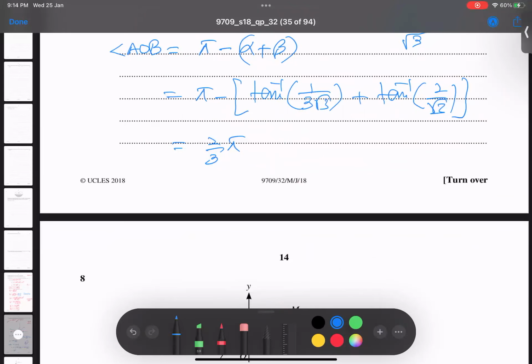So pi minus tan inverse of 1 divided by 3 root 3, then minus tan inverse of 2 divided by root 3. Let me check. Yes, it's giving the exact answer without any decimal.